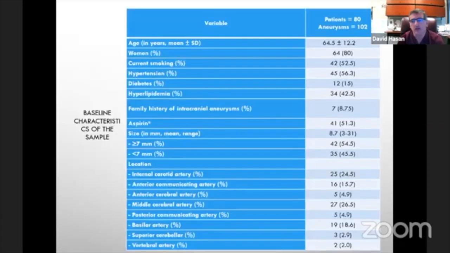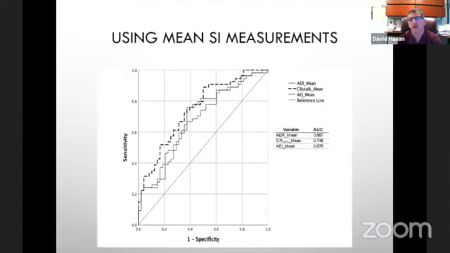So what we did is we had 102 aneurysms in 80 patients. We collected them prospectively, and we collected all the demographics, if you will. And then we did the area under the curve to see which one is the best in correlating to unstable aneurysm. What we accepted as unstable aneurysm, the ground truth, is the size.